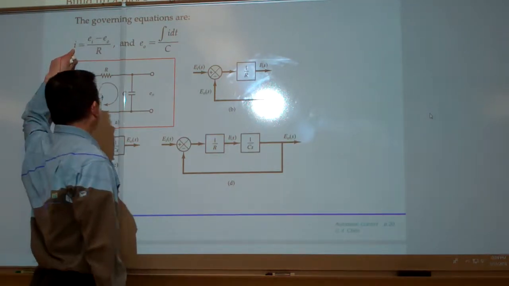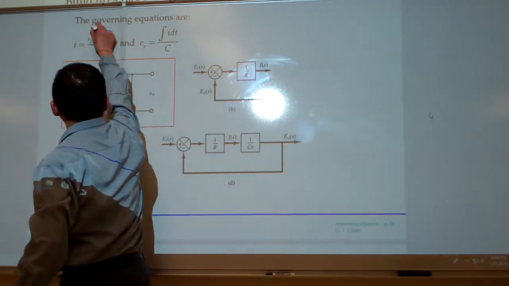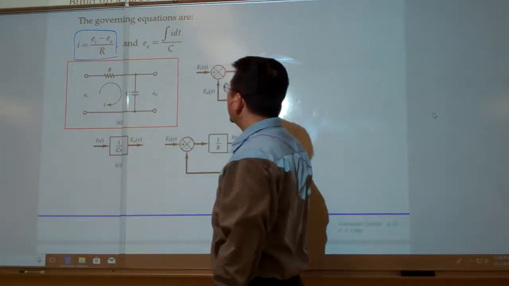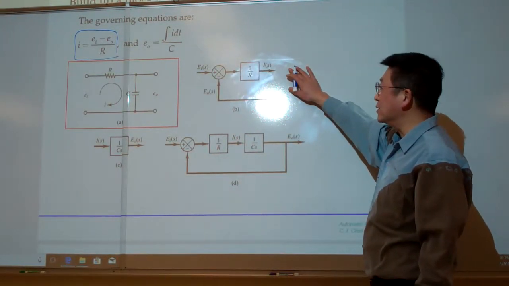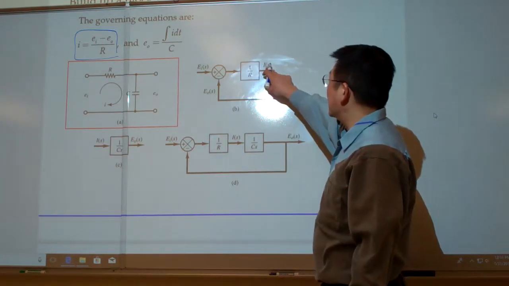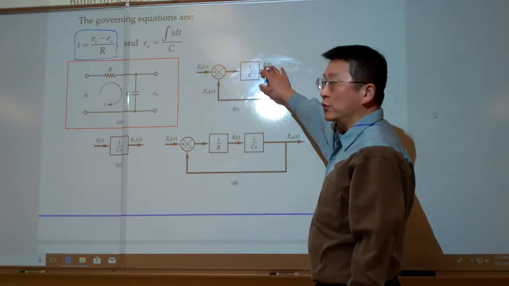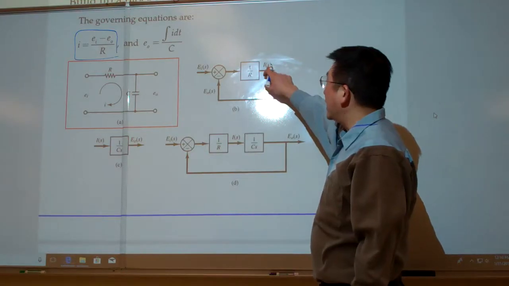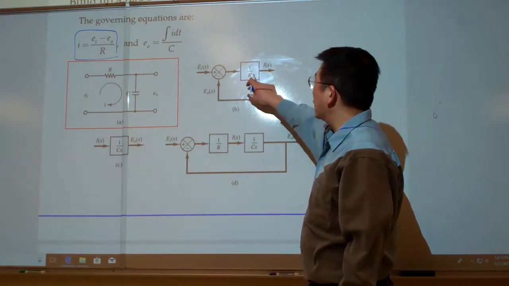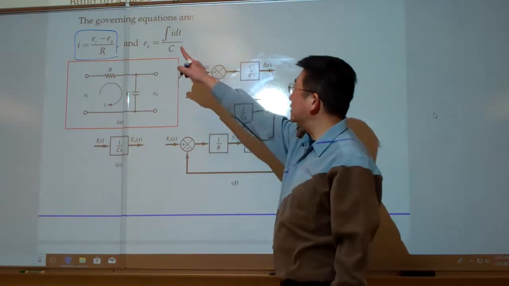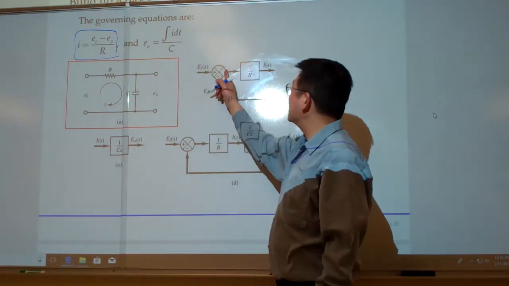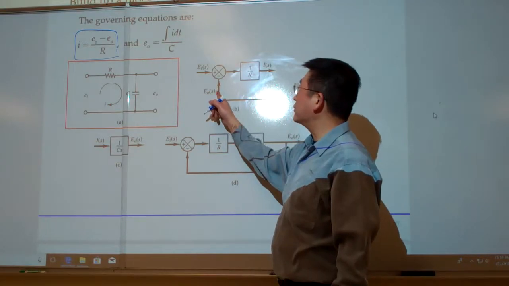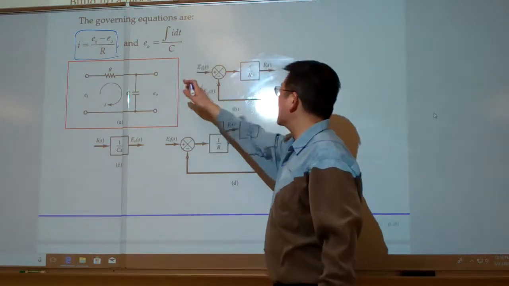In terms of the block diagram, from these equations, I is our output in the block diagram. I is equal to a constant 1 over R multiplied with the difference between two numbers, EI and EO. So this is the equation we come up with.